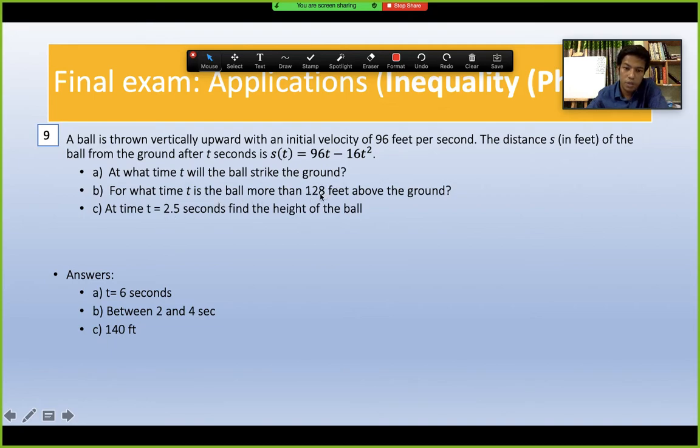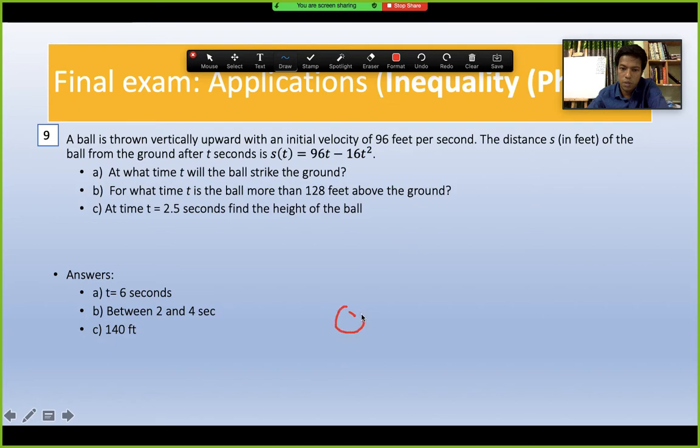Above 128 feet means we have to put vertical height 128 and solve for t. We get two values, 2 and 4. Then we can say that between 2 and 4 seconds, the ball is above 128 feet, and the graph is somewhat like this.